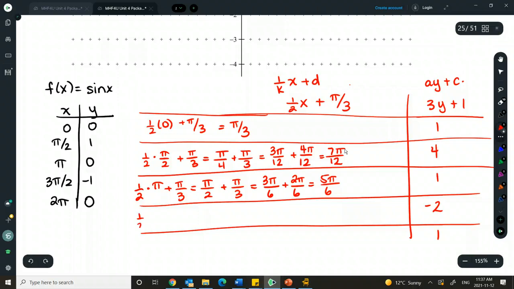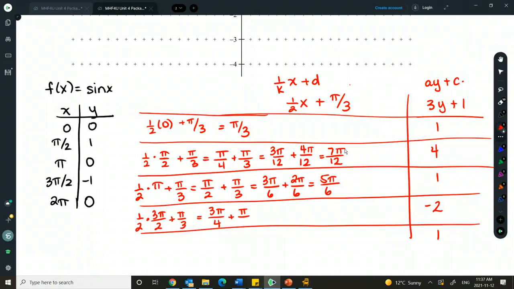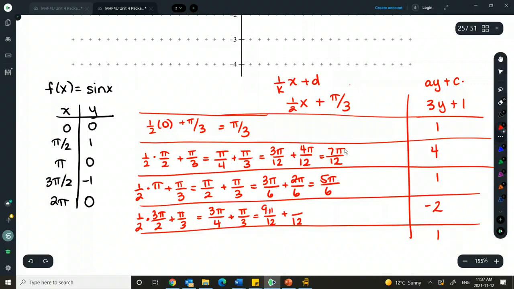Okay, almost there. 1/2 times 3 pi over 2 plus pi over 3. I get 3 pi over 2 times 2, which is 4, over, plus pi over 3, not pi over 4. Okay, again, common denominator here will be 12. So multiply your left side by 3, we get 9 pi. Multiply your right side by 4, we get 4 pi. 9 pi plus 4 pi, 13 pi over 12.